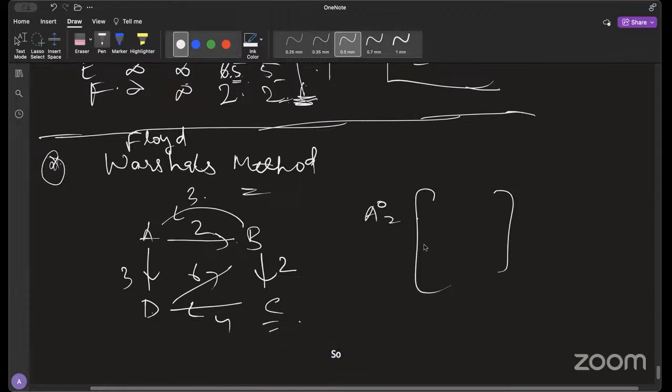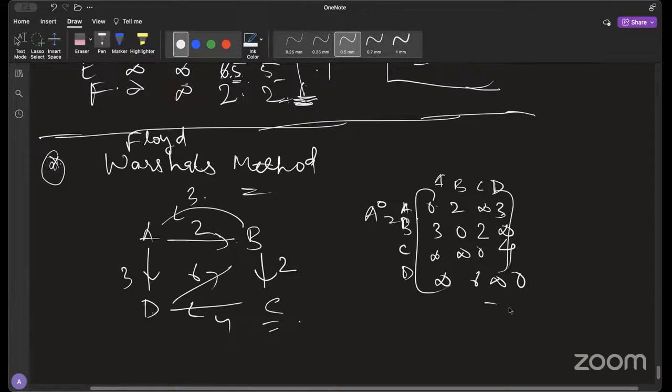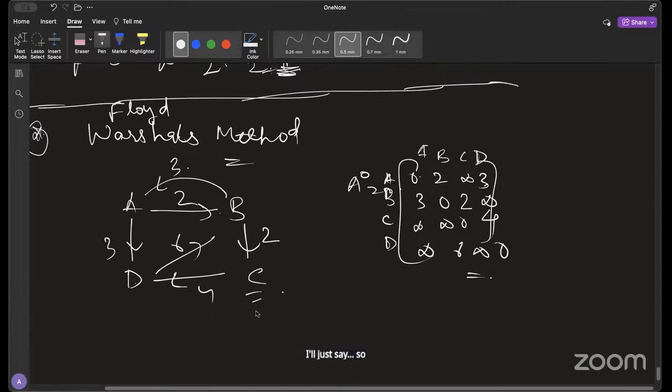So the adjacency matrix is going to be, I'm not writing these things. If you already have this matrix, you can check with it. So this is the adjacency matrix for this graph.